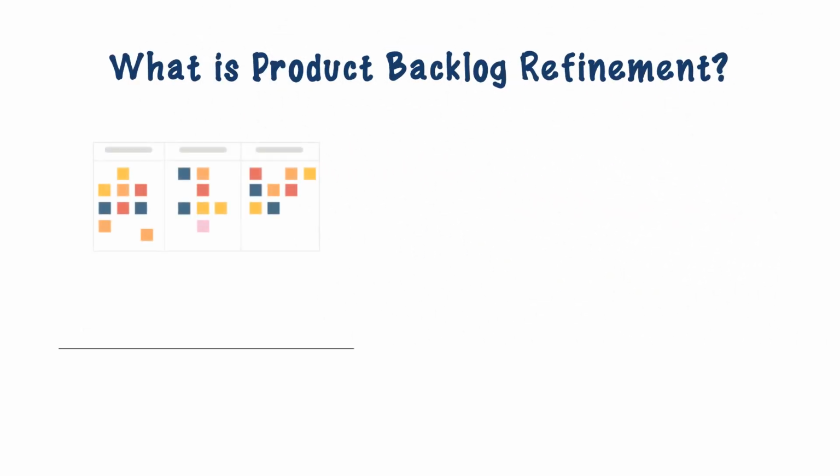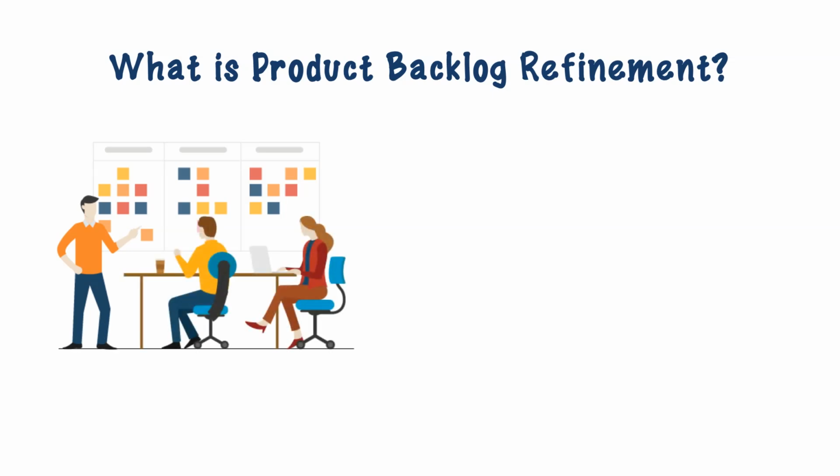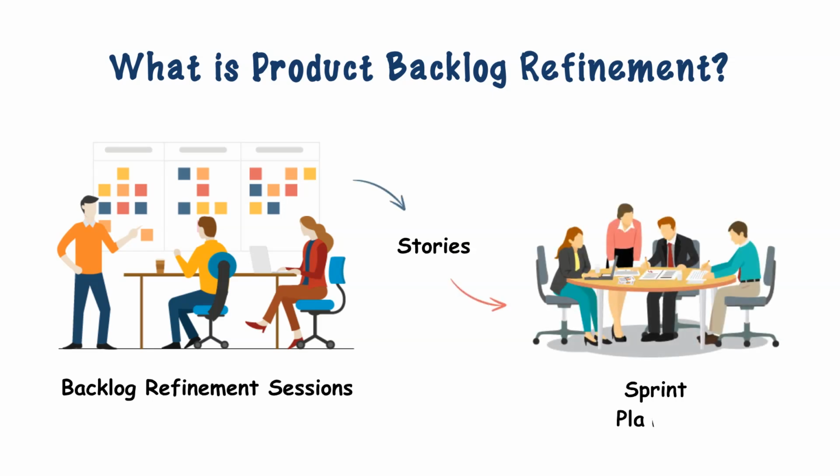An effective product owner continuously refines the product backlog with the help of developers to make it more reliable. These backlog refinement sessions are also famous as backlog grooming sessions. The primary objective of these refinement sessions is to prepare the stories and tasks to discuss in the sprint planning.